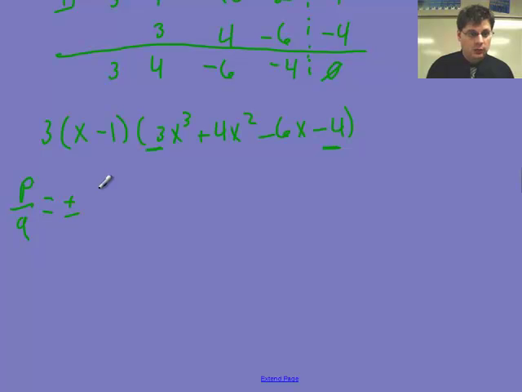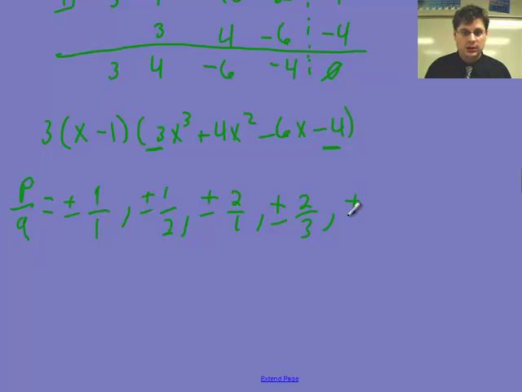So we'll start off with the 1. It's our smallest factor of 4, and our smallest factor of 3 is also 1. And plus or minus. And it looks like we're going to have maybe a lot of the same factors here. So plus or minus 1/2, plus or minus 2 over 1, plus or minus 2/3, plus or minus 4 over 1, and plus or minus 4 over 3.